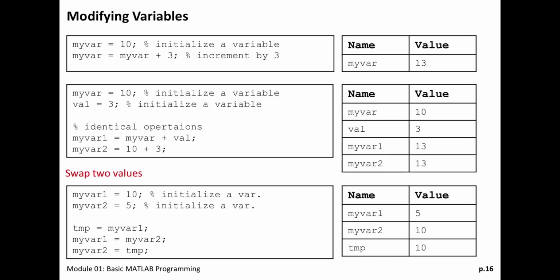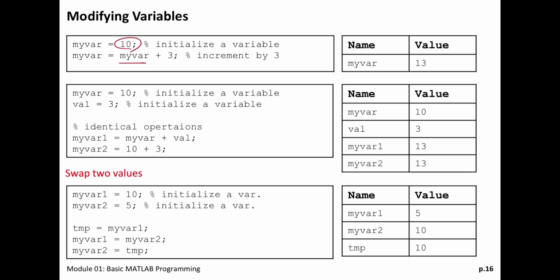Okay, so you can modify the value in the variable. Here, although you assign 10 to my variable in the beginning, you can modify this value. For instance, here my value plus 3. In this example, if you place a variable on the right hand side of the assignment statement, it means that we are going to read and use the value inside of the corresponding variable.